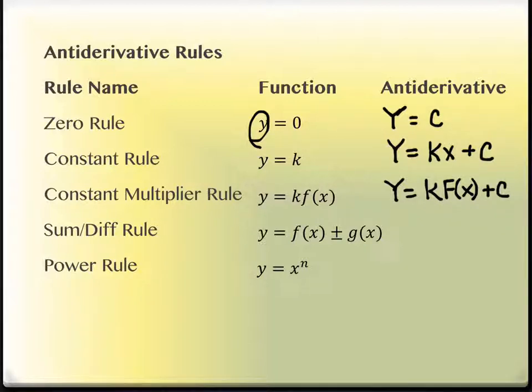And if you think algebraically about these derivatives, what happens with these plus c's on the end? What happens if I took the derivative of capital Y equals k, capital F of x plus c? What happens to that c on the end when I take the derivative? It's 0, right? It goes away. So that's why we're putting that plus c in there as well. Does it undo itself and become 0? Yes, it does. What do you think would happen for the sum difference rules?